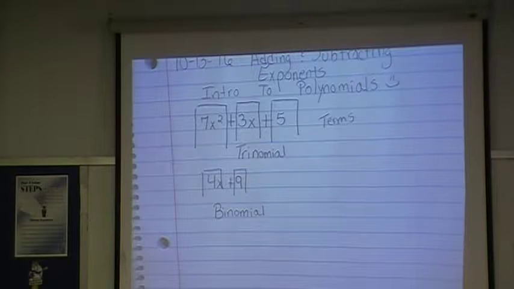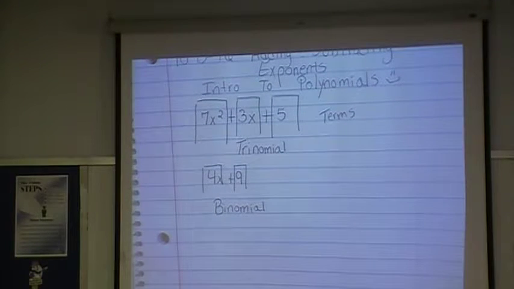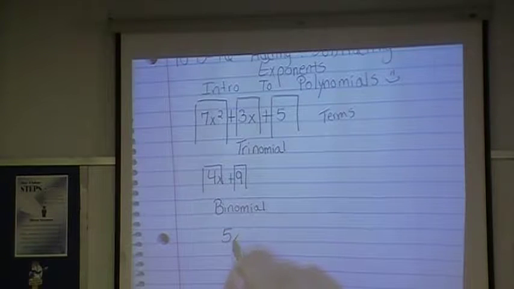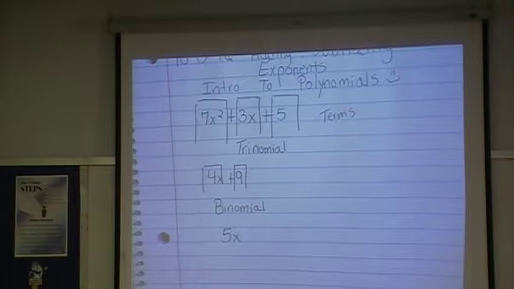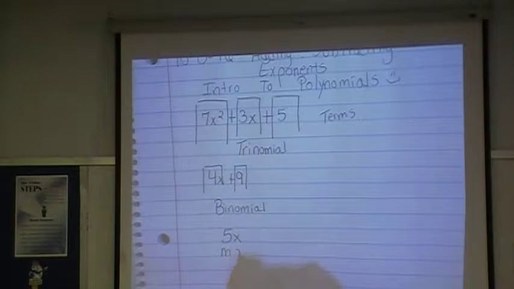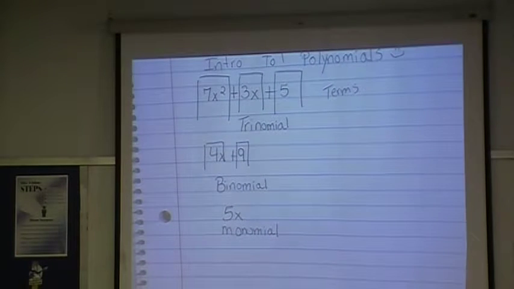It is a binomial. Then if you had something like this, one term, it is a monomial, okay? Trinomial and binomial, that's our big things, okay? 3 and 2 terms.